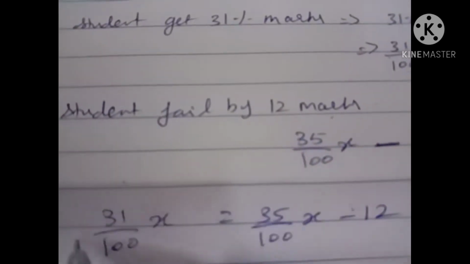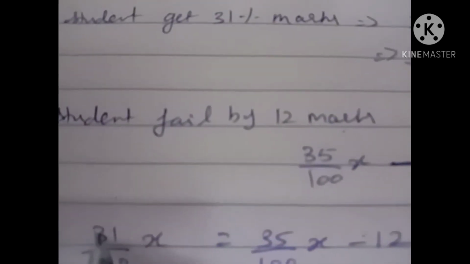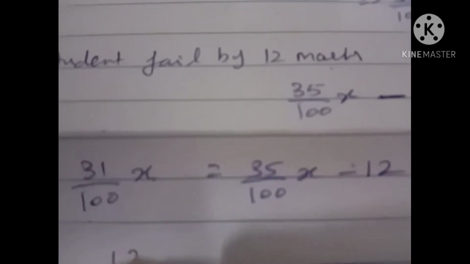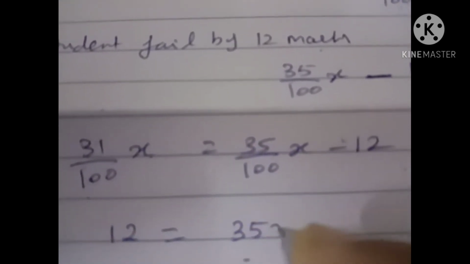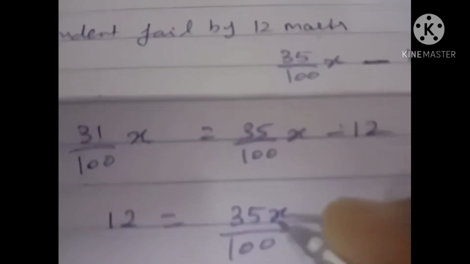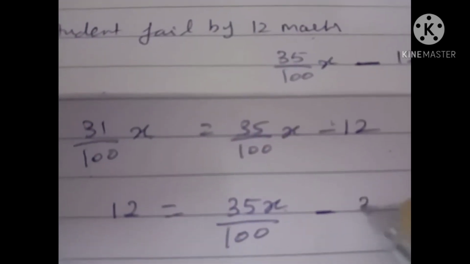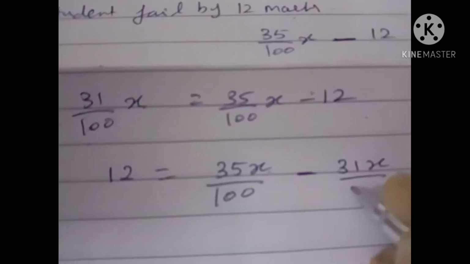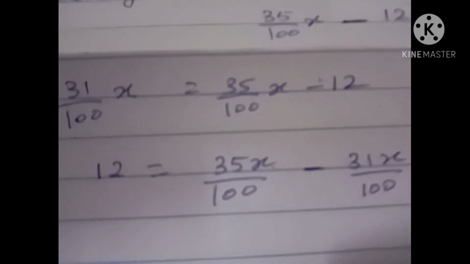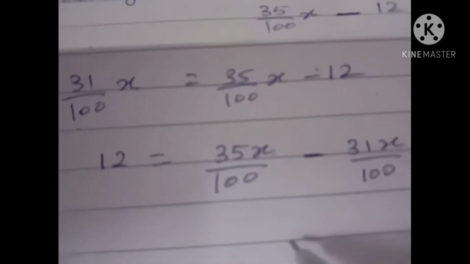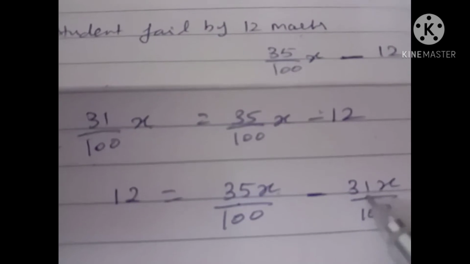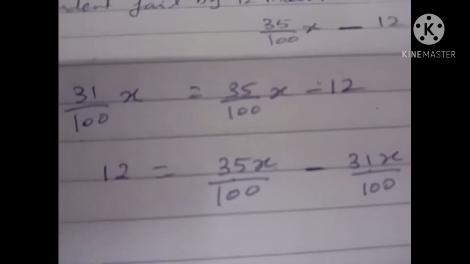So bring this minus 12 to your left hand side and 31 by 100 into X to your right hand side. So that is 12 is equal to 35 by 100 into X minus 31 by 100 into X, which is equal to 35 minus 31 is 4X by 100.